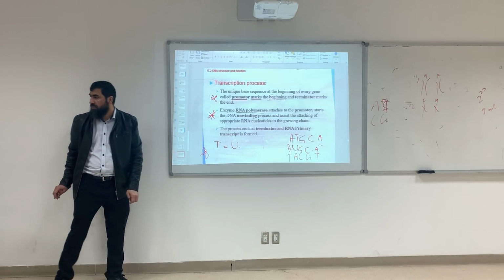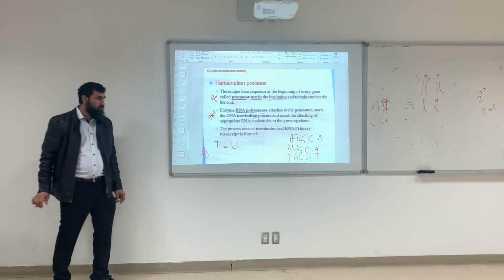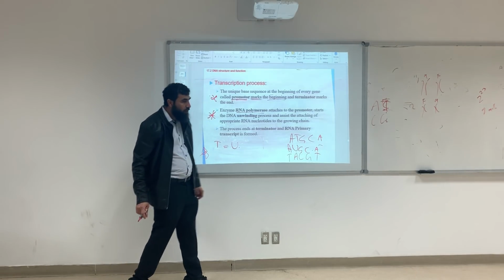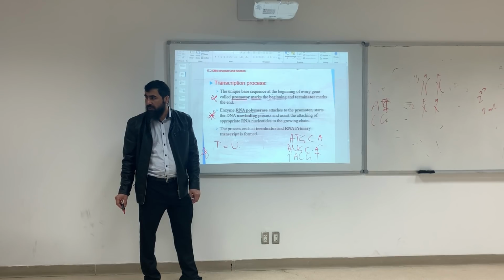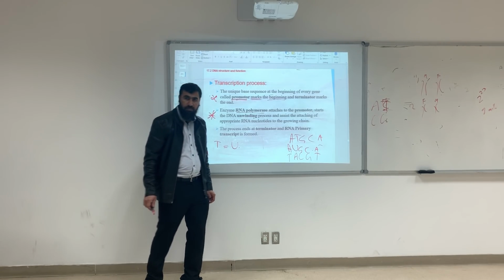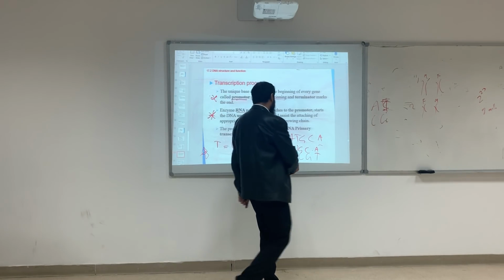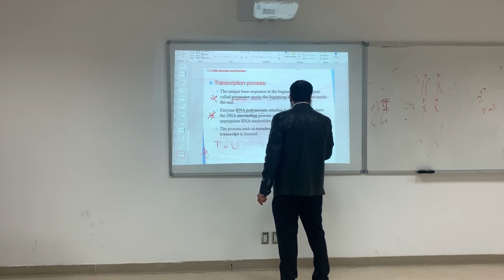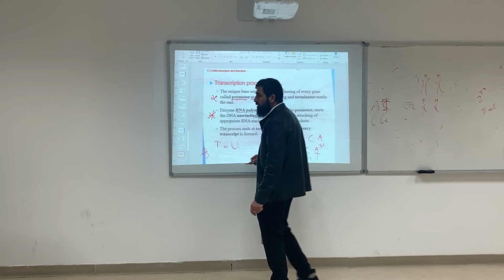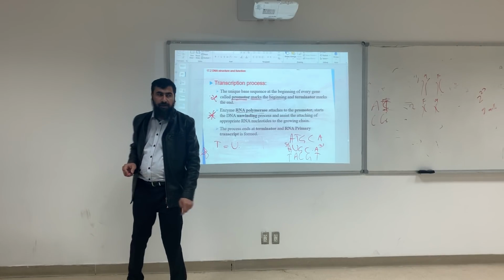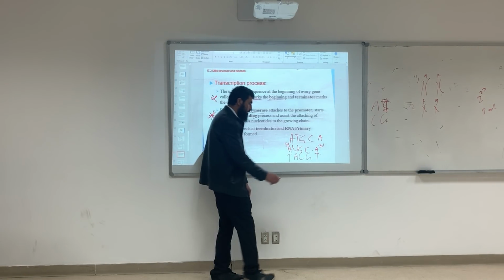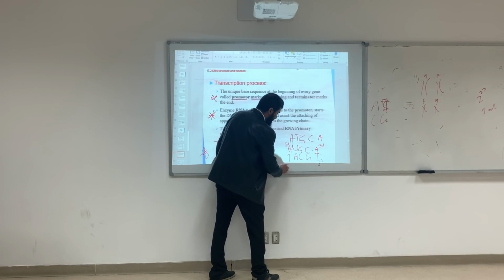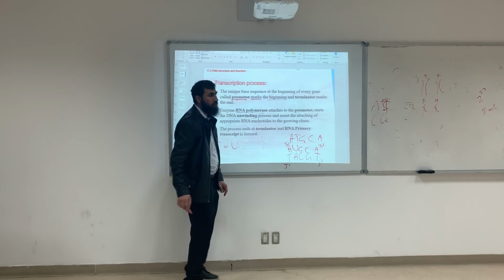Does it move from 3 to 5 or 5 to 3? 5 prime to 3 prime. Not 3 to 5? No. Transcription goes 5 prime to 3 prime; the DNA template is 3 prime to 5 prime.